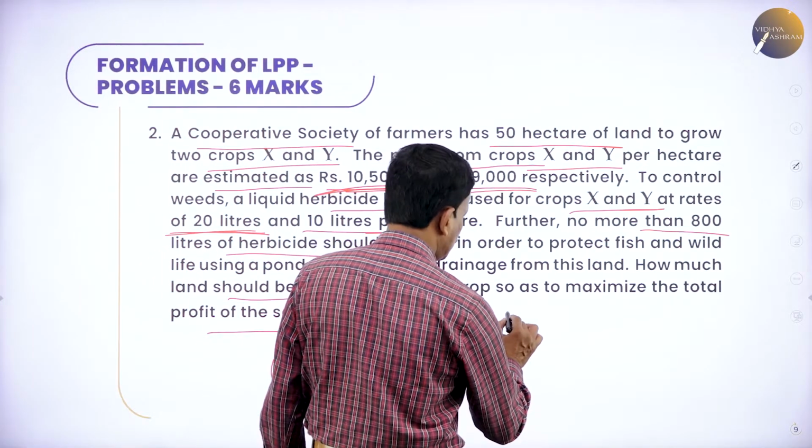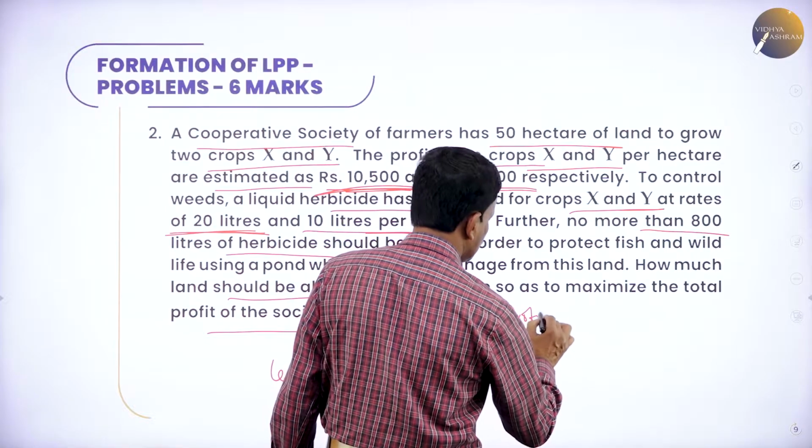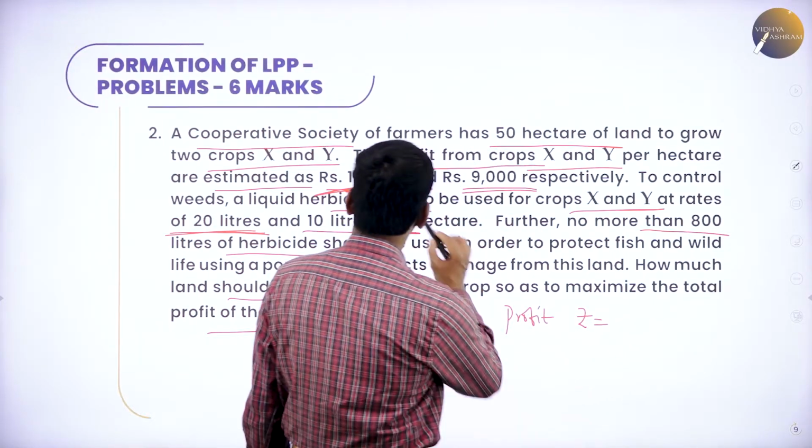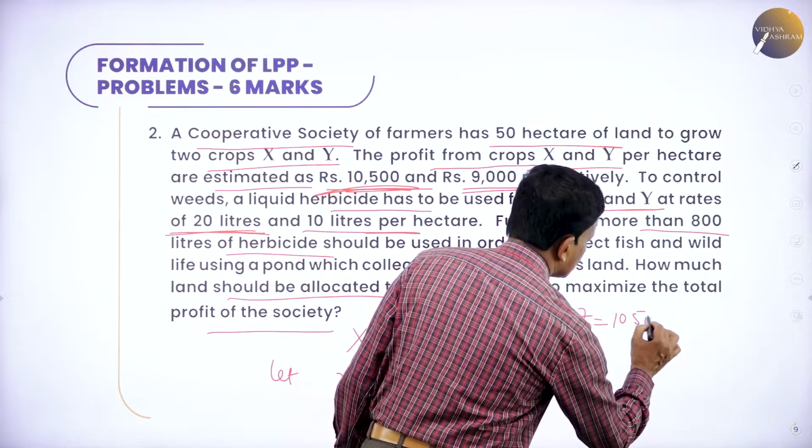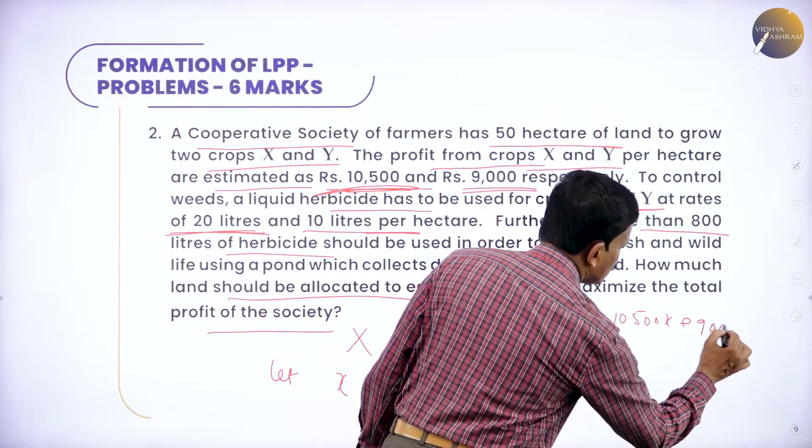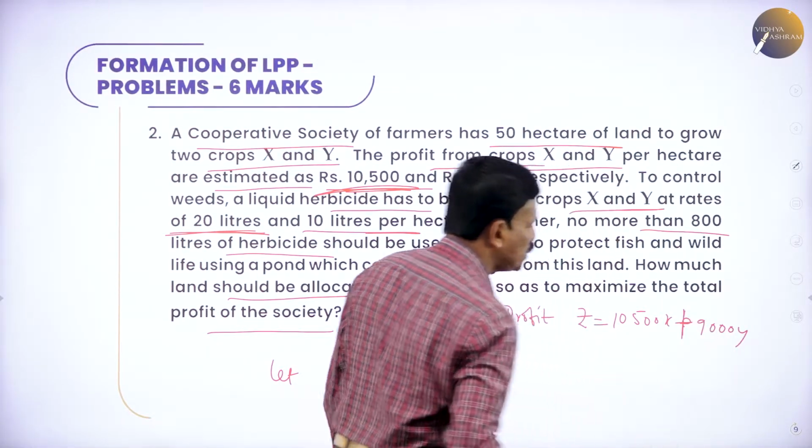So therefore the objective function is the profit Z is equal to 10,500x plus 9,000y. This is the objective function.